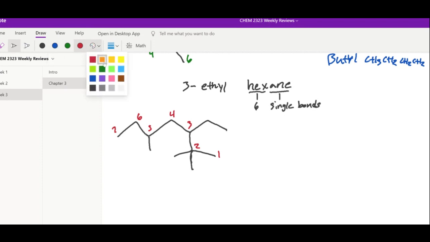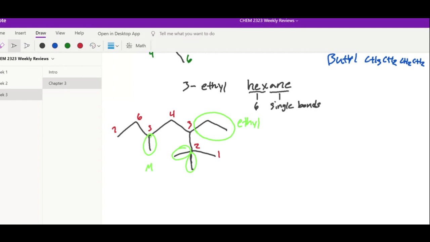And then I'm also going to circle my substituents. So I have that one, I have this one, and this one. Okay, so I have 4 substituents. So let's identify these substituents. This is ethyl, and all 3 of these are methyls.